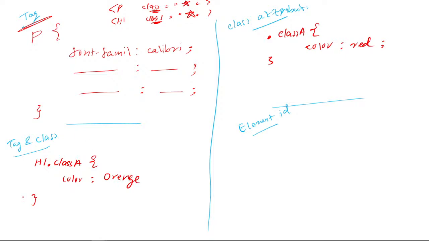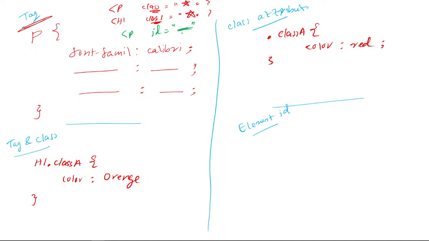Either that, or you can use another property of any tag, which is known as ID. We can give an ID for any tag, right? So we can define the same ID for different tags.